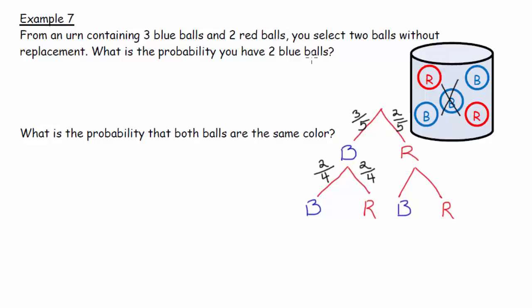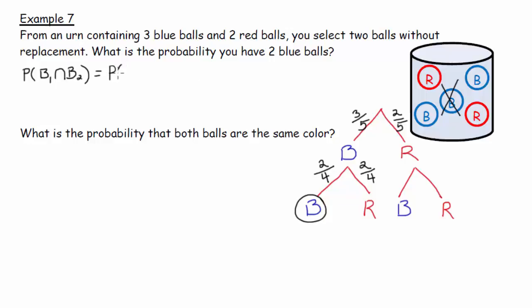If I want the probability of getting 2 blues, that happens when I get a blue and then another blue, so that happens here. So this is going to be the probability of a blue on my first and a blue on my second. I hope you understand this little notation. Since both blue and blue start with a B, I'm going to use a little subscript there.